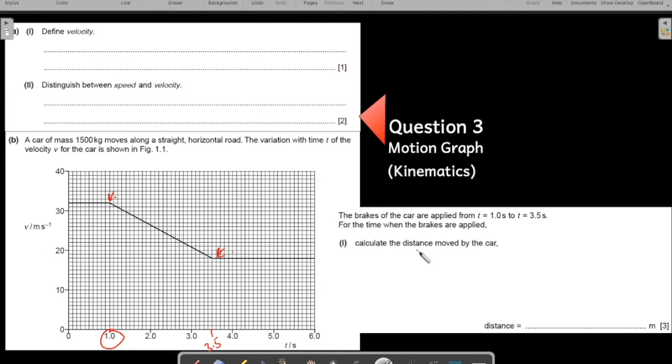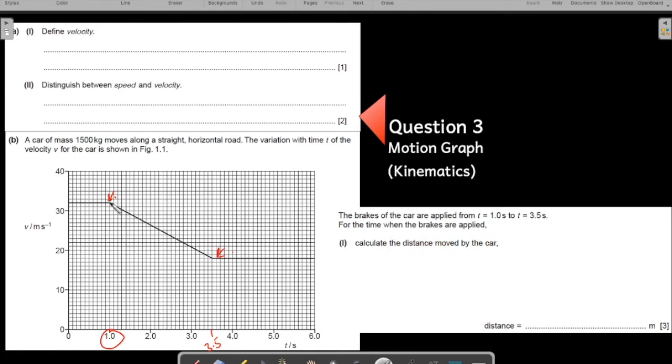So the distance moved: the brakes of the car are applied from this time to this time, and for this time you have to calculate the distance moved by the car.